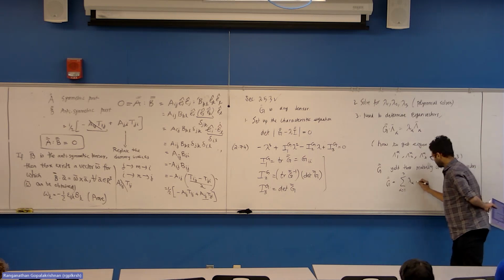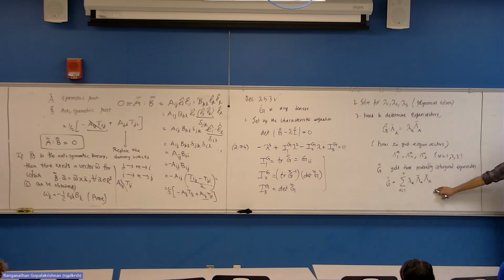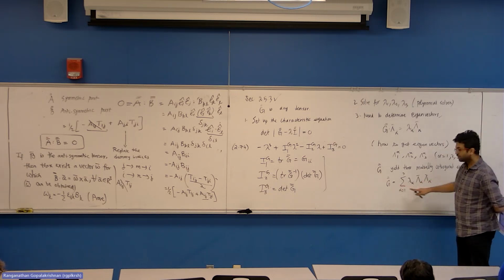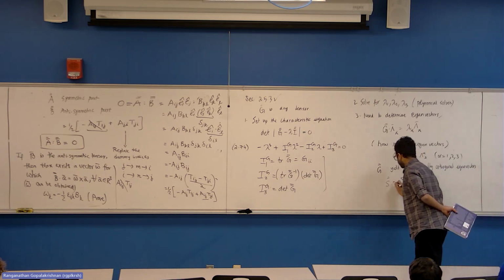Last lecture I said this. It is not entirely correct. Any tensor G cannot be expressed like this. Any symmetric tensor can be expressed like this.